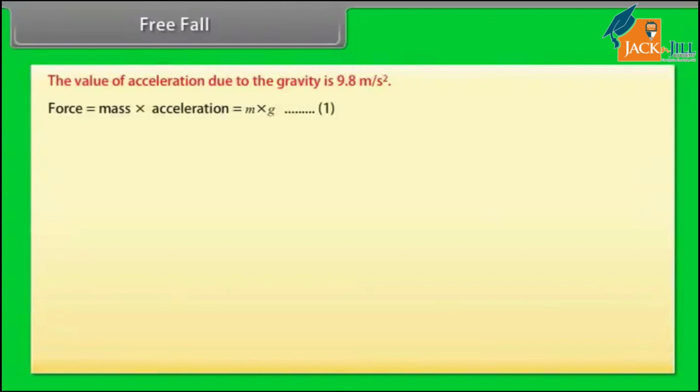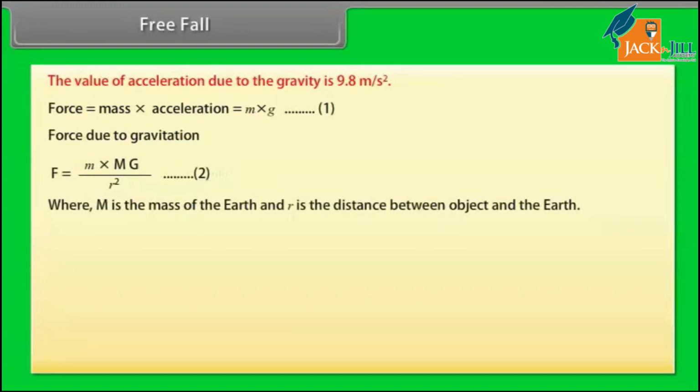Force is equal to mass into acceleration, which is equal to m into g, equation 1. Force due to gravitation: F is equal to m into M g upon r squared, equation 2, where M is the mass of the earth and r is the distance between the object and the earth.